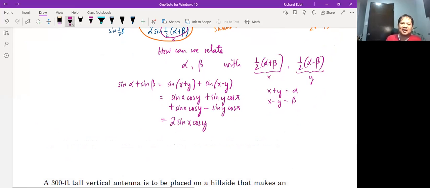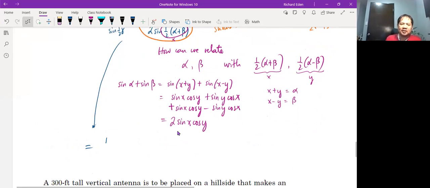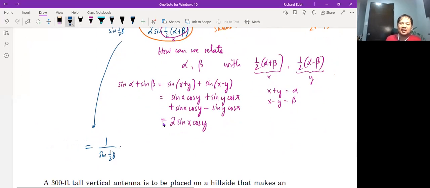All right. So now this is what we now have. Meron tayong 1 over sine of half of gamma. And then the numerator, sine of alpha plus sine beta, is 2 times sine x cosine y, but x is half of alpha plus beta, times cosine of y, which is half of alpha minus beta.